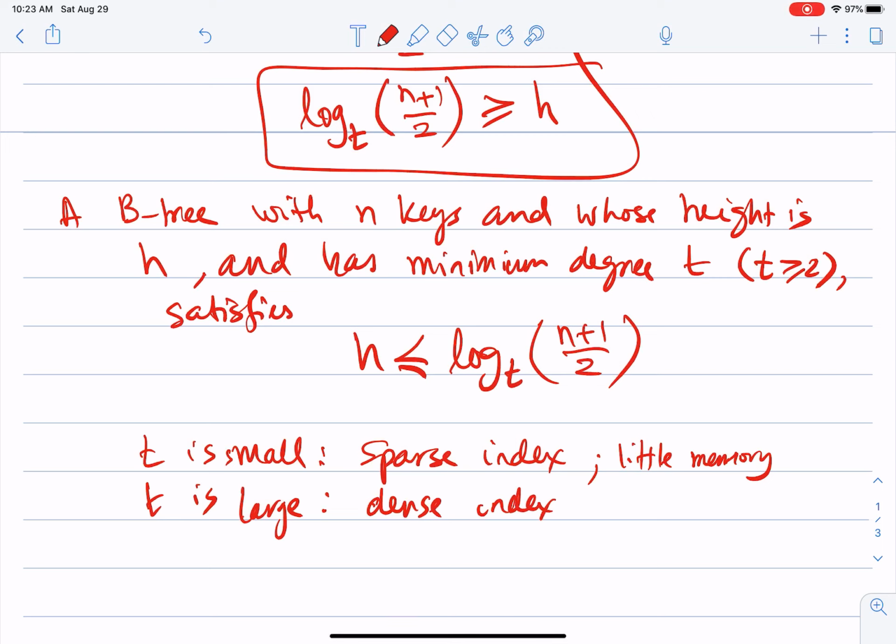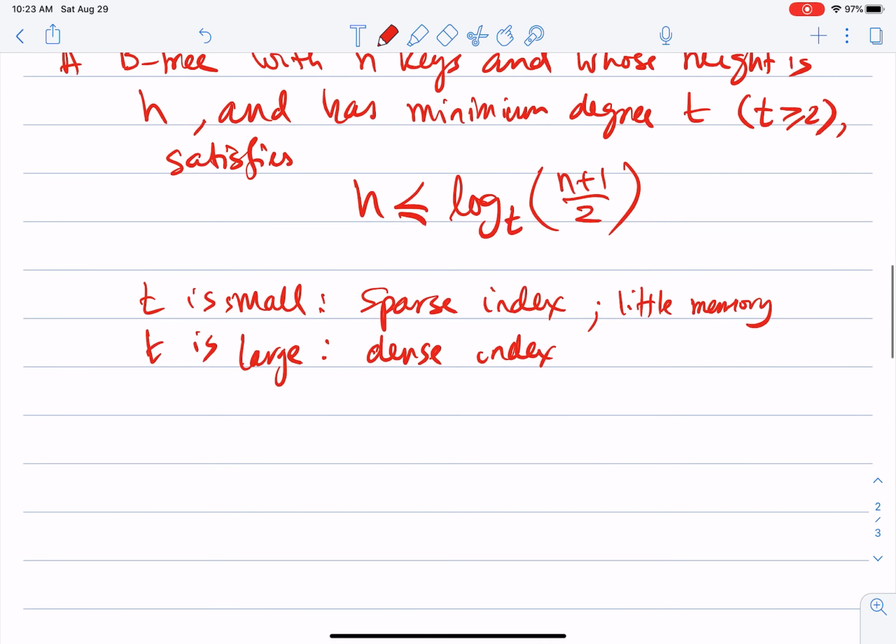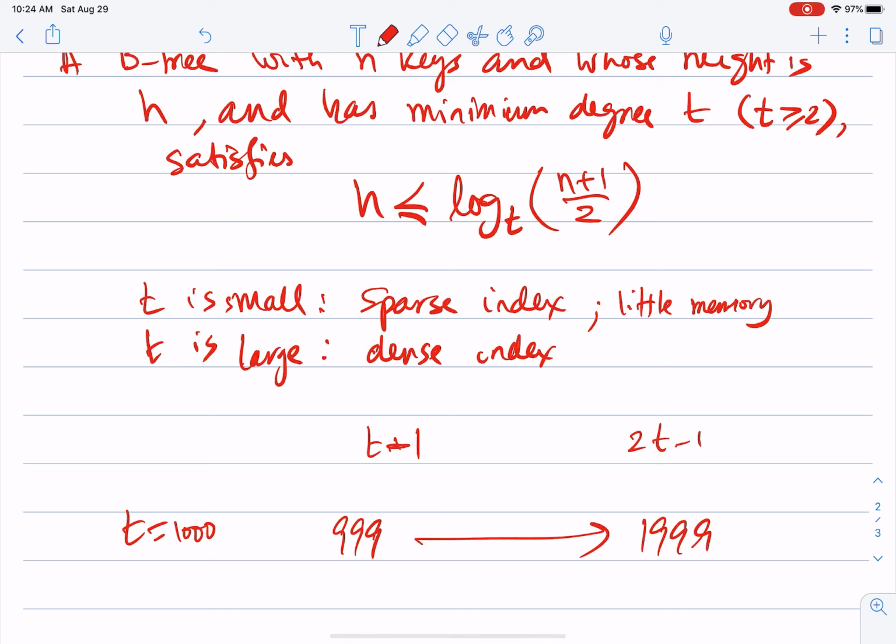But one of the issues with a large index is that when we talk about the node having somewhere between t minus 1 and 2t minus 1 keys, if we take t to be, let's say, 1000, we are talking about somewhere between 999 and this number of keys.